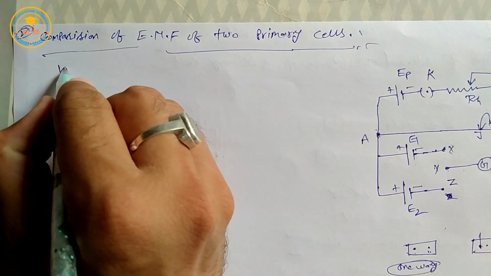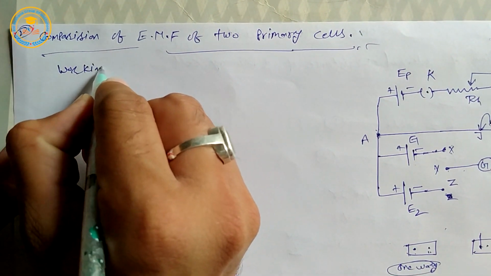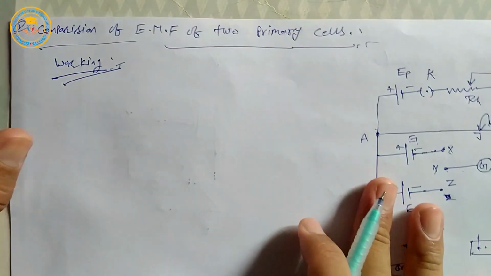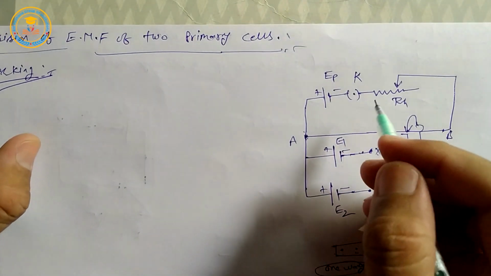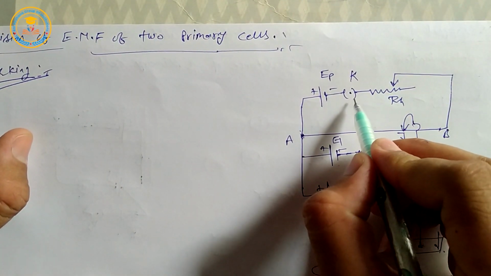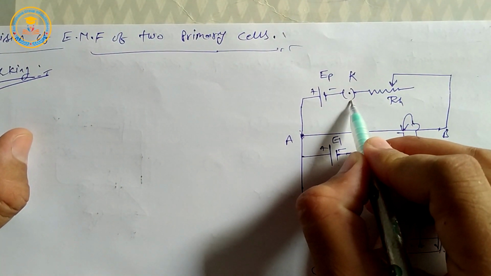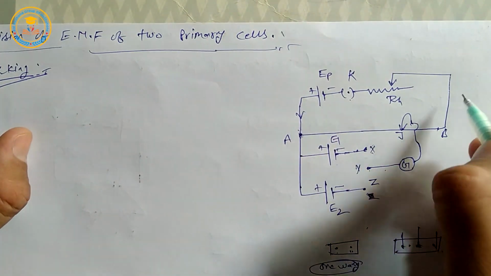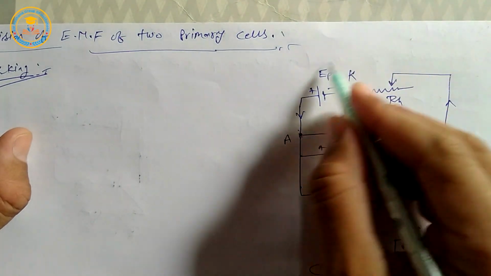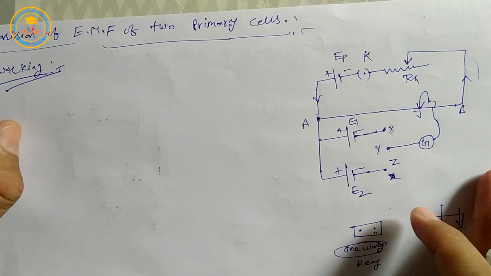Now the working. Firstly, we close this key K. Then in this situation, current flows through the primary circuit.